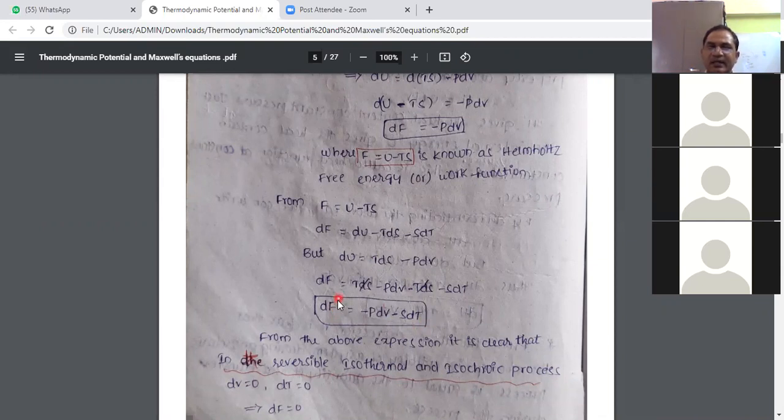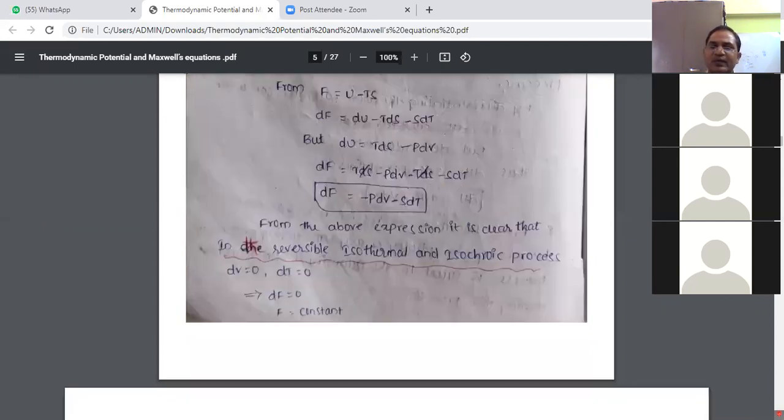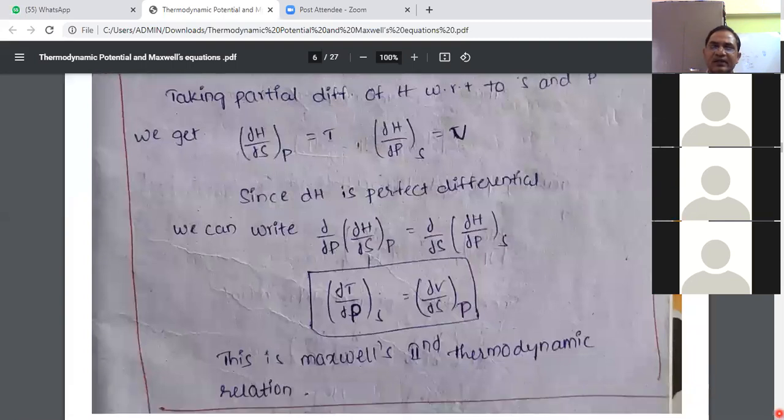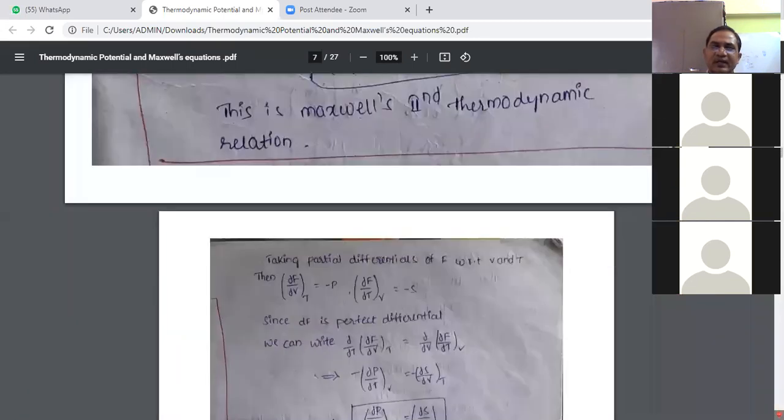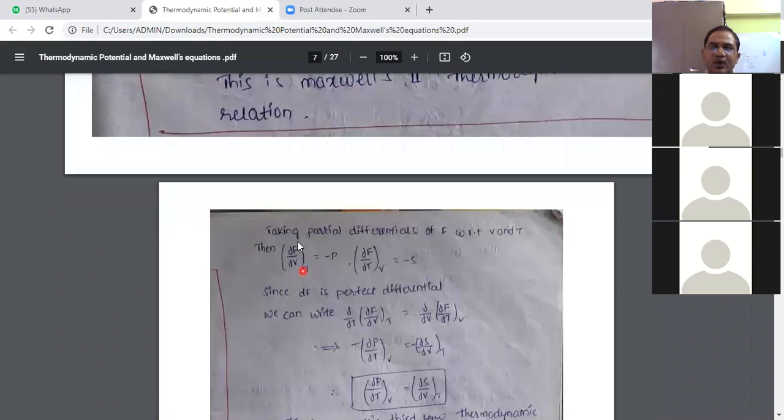So ∂F/∂T equals minus S. Again, dF is a perfect differential, so ∂²F/∂V∂T equals ∂²F/∂T∂V. Using this concept, we will get the third thermodynamic relation. So that is how we are writing: ∂F/∂V at constant T equals minus P, and ∂F/∂T at constant V equals minus S.